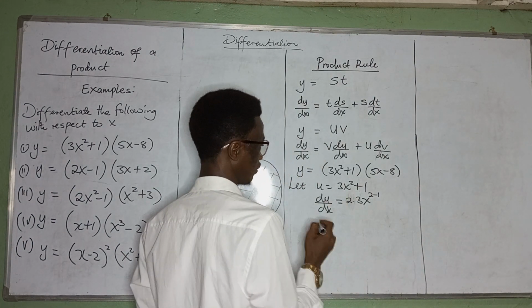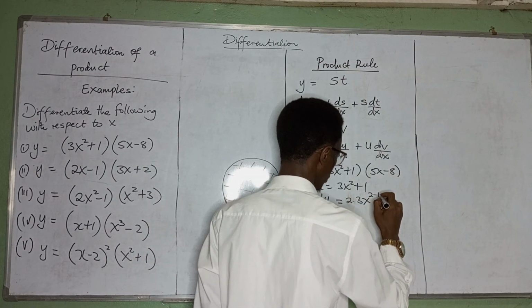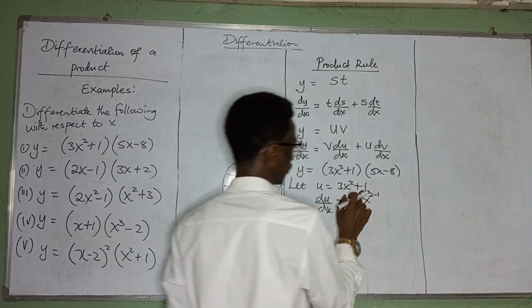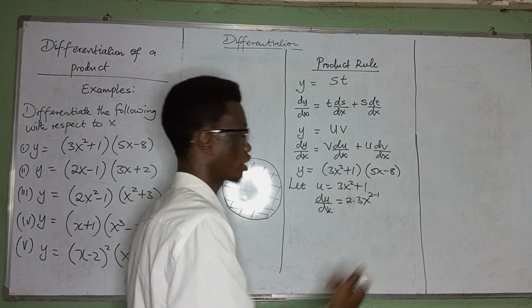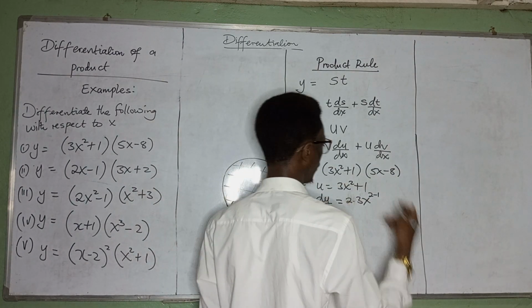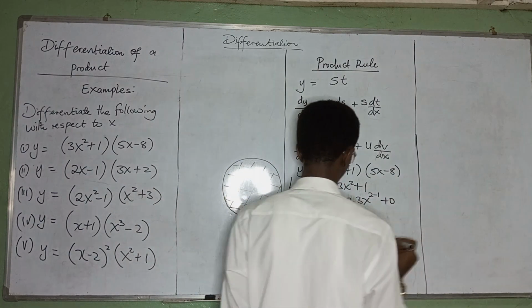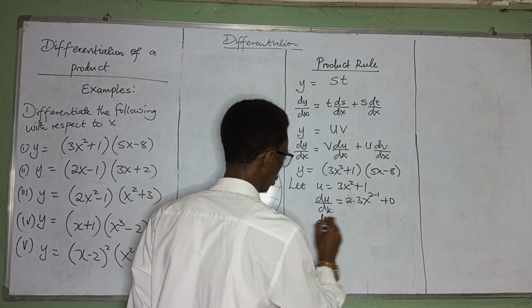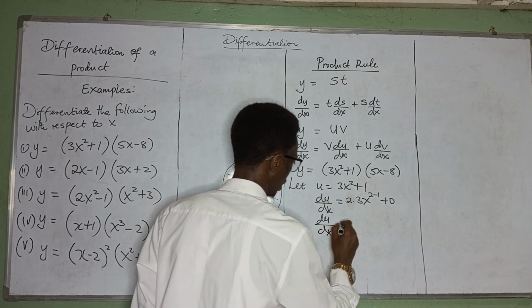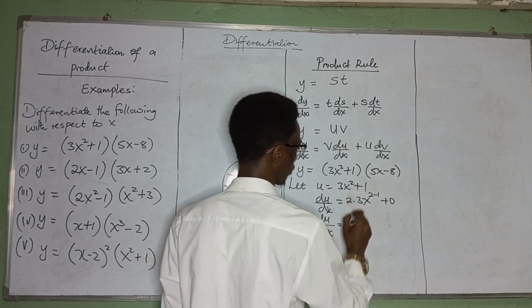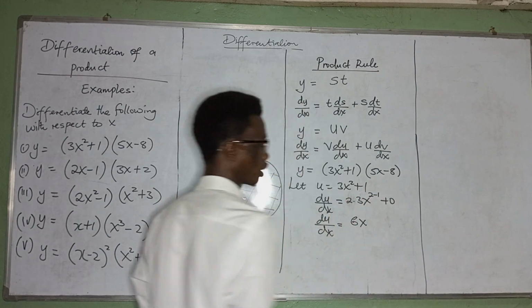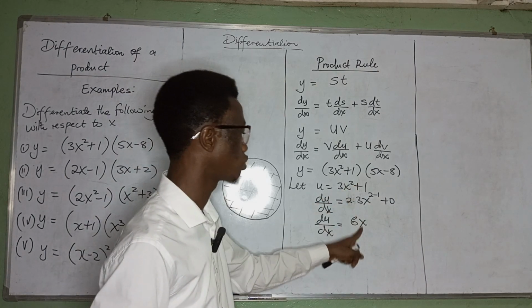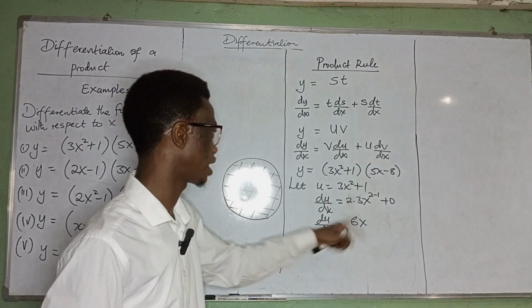Then if you differentiate a constant, we always have 0, plus 0. So du by dx equals 6x, because 2 times 3 is 6 and 2 minus 1 is 1.